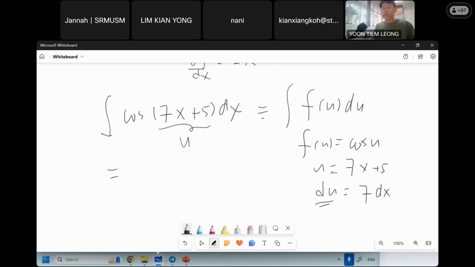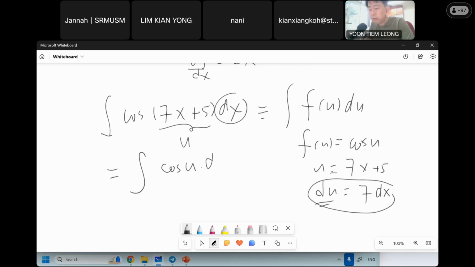So by doing this substitution, where u represents 7x plus 5, and the small function f represents the cos function, then these integrations could easily be cast in the form of cos of u, and dx is just du over 7.